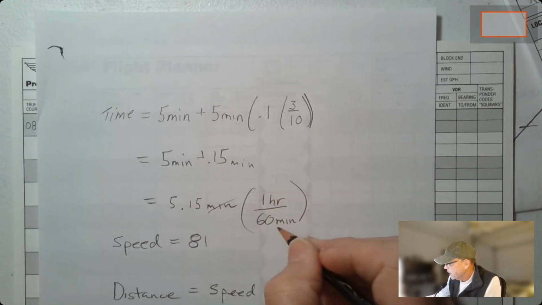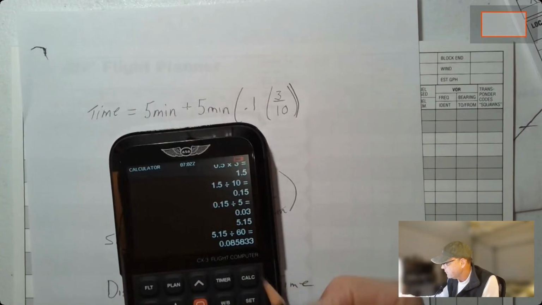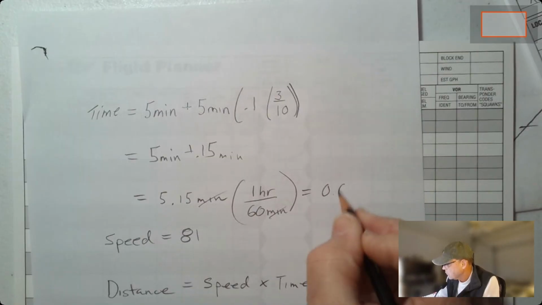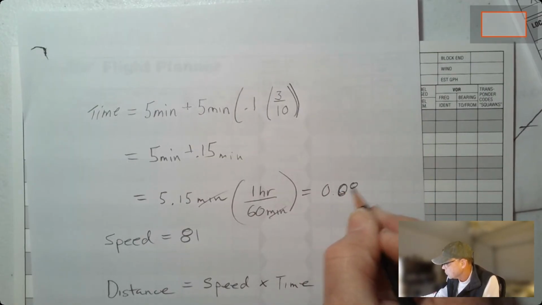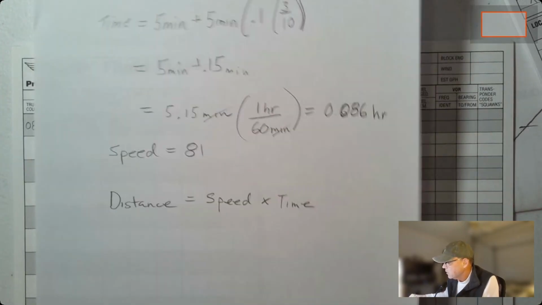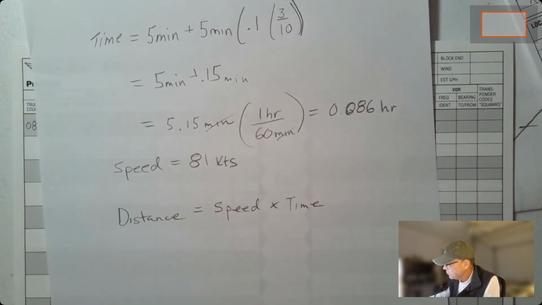So minutes are going to cancel and leave us with hours. So 5.15 divided by 60 is 0.086 hours.